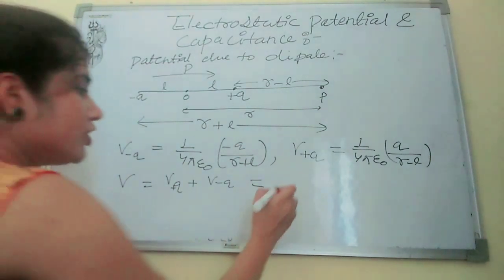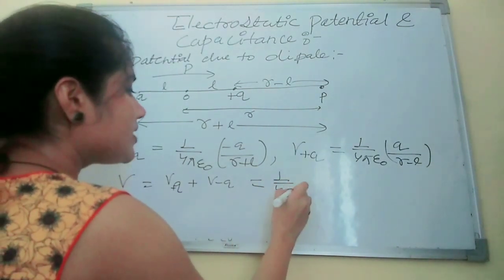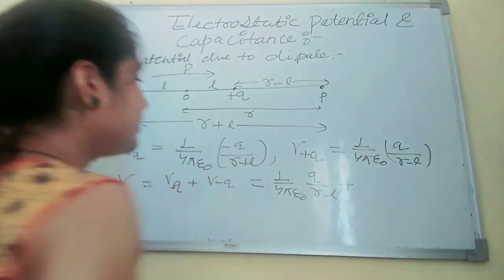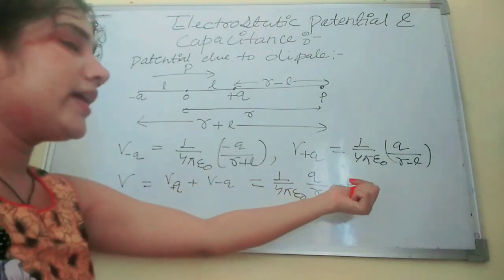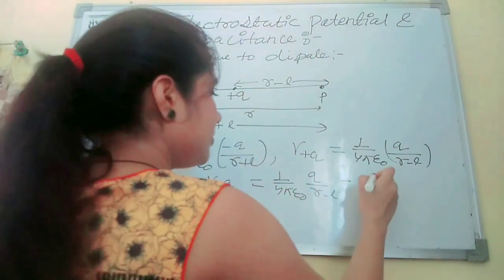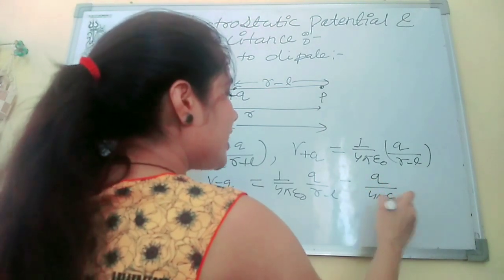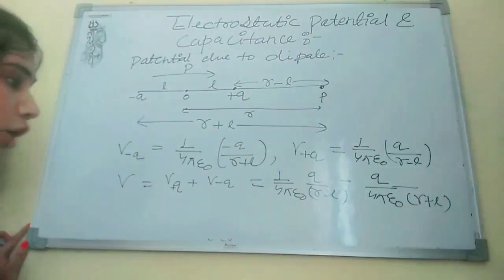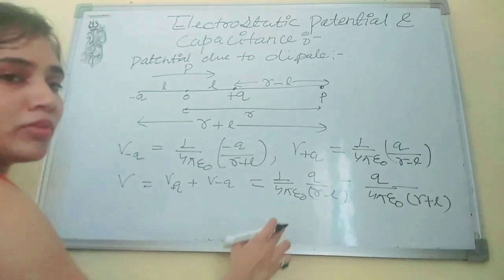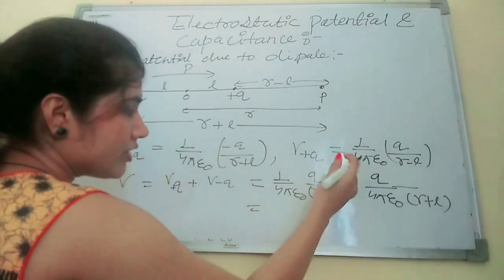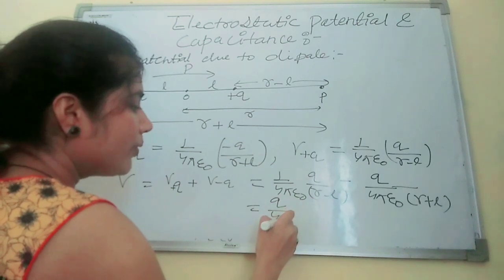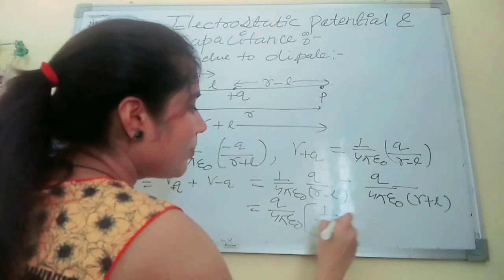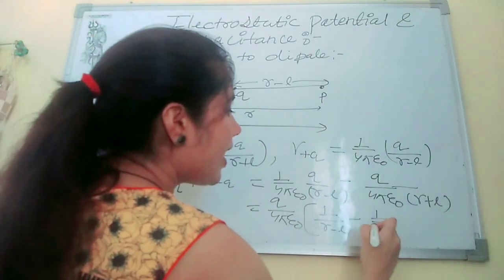So here we are putting the values, that is 1 by 4 pi epsilon naught, q upon r minus L, plus minus q upon 4 pi epsilon naught, r plus L. Now this q upon 4 pi epsilon naught will come out. We simply take a bracket, q upon 4 pi epsilon naught, and in the bracket it will be 1 upon r minus L minus 1 upon r plus L.